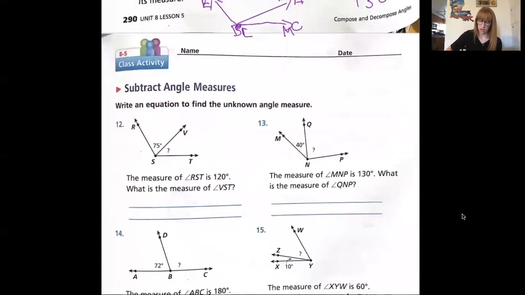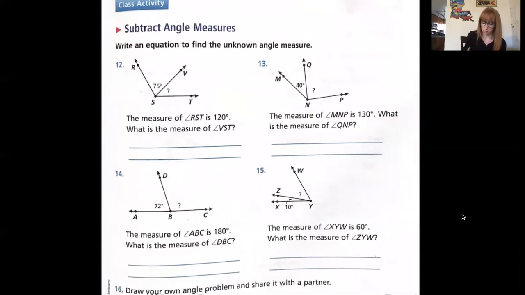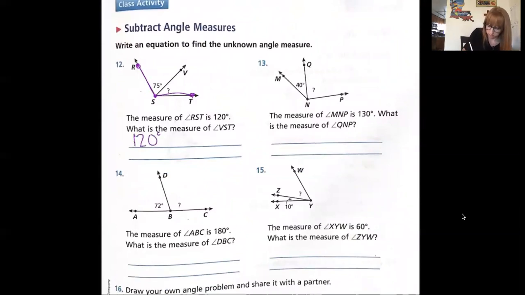All right, so now when we're subtracting angle measures, we did this a little bit yesterday with our reflex angle. So you take the whole, what you know the whole is, and you subtract what we know to find the unknown. So the measure of angle RST is 120. So that's the total. It's 120 degrees.